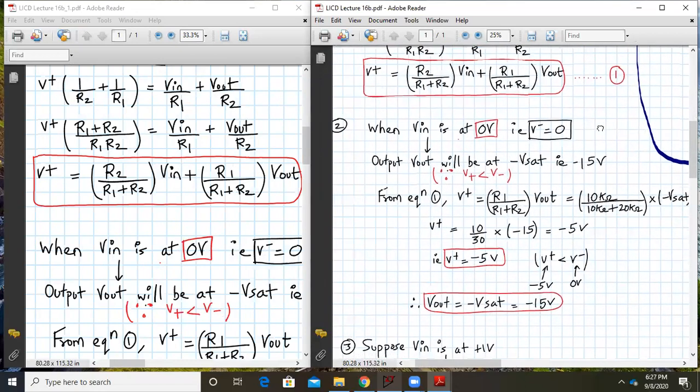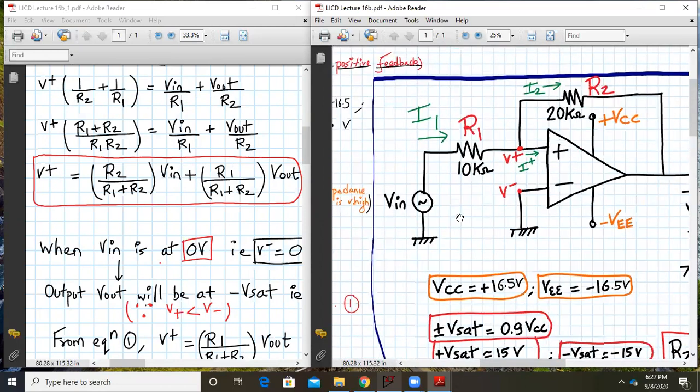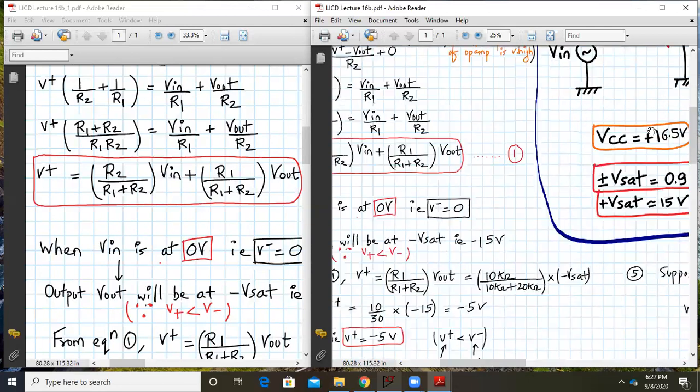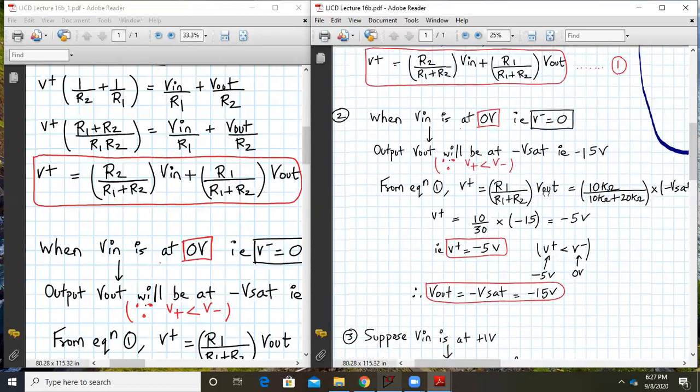Right now V in is at 0. Does that mean V plus is at 0? Well, no, because the output will be at either plus VSAT or minus VSAT, and a part of it is fed back to the input. So V plus will not be 0 if V in is equal to 0.